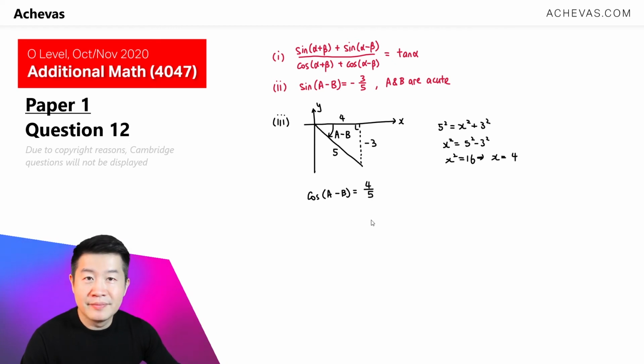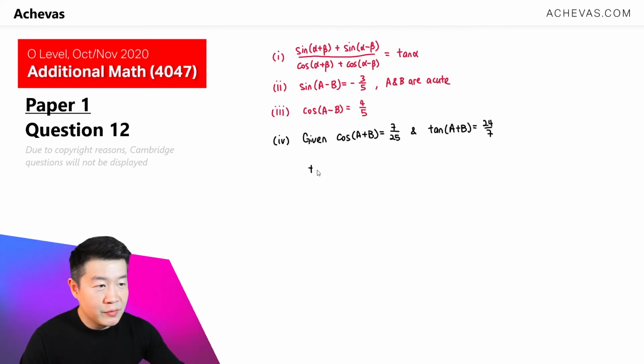over 5. In part 4, we're going to start with tangent A plus B, which was given to us as 24 over 7. And tangent is sine over cosine, so sine of A plus B over cosine of A plus B is equal to 24 over 7.